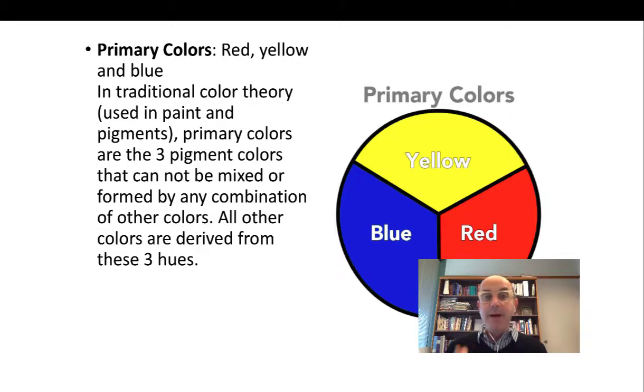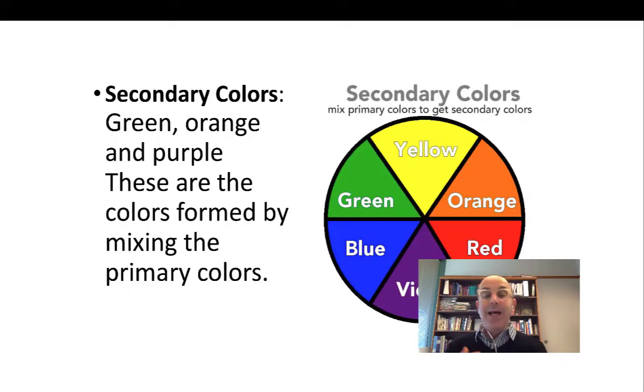We have primary colors, which are red, yellow, and blue, which is always the foundation of our color pattern, and all other colors are basically based on those three colors: the blue, the red, and the yellow.